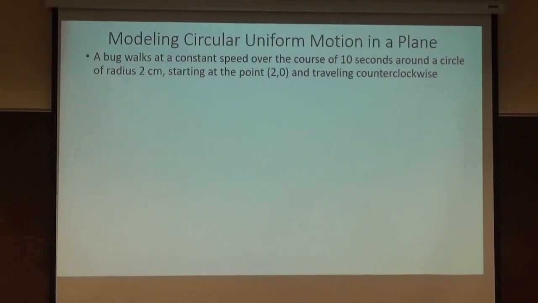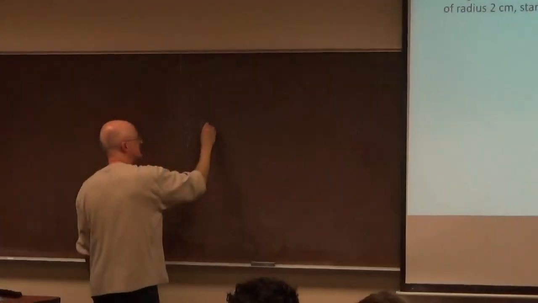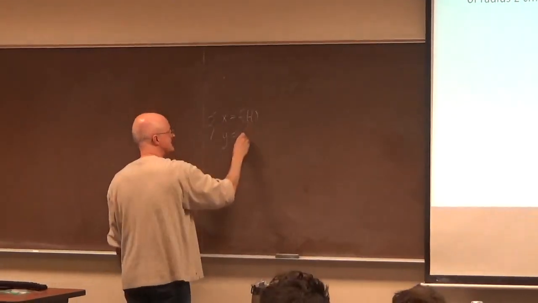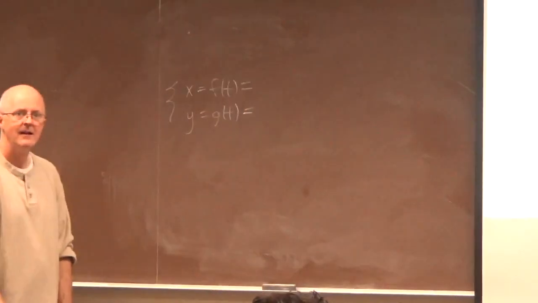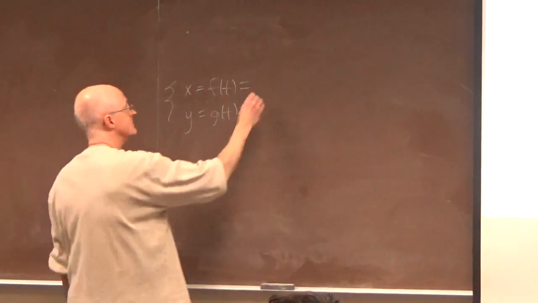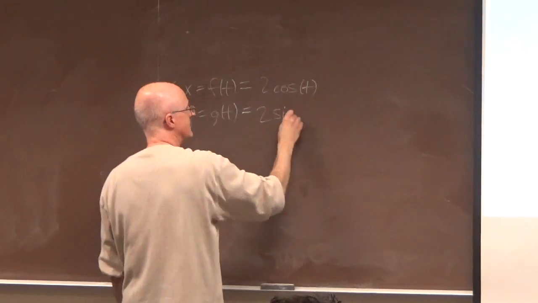Well, let me just tell you the answer, and after I write down the answer, I hope it makes sense. Let x equal 2 cos t and y equal 2 sin t.